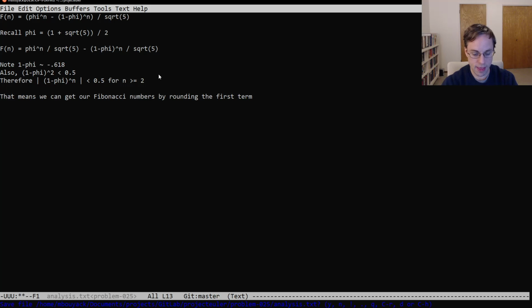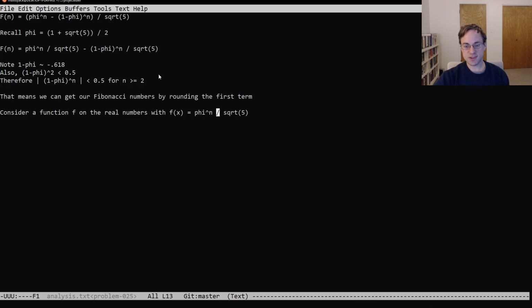Okay, great. The next thing we're going to do is consider a function f on the real numbers with f of x equals phi to the x over square root of 5. Note that this is just that first term up here in our capital F of n.